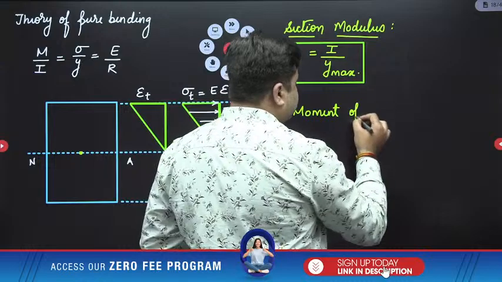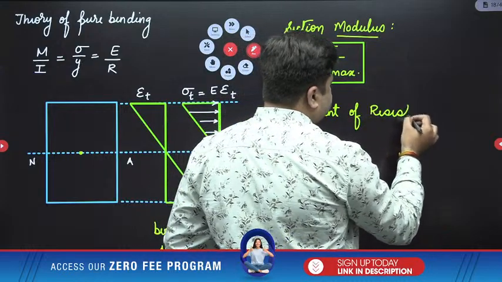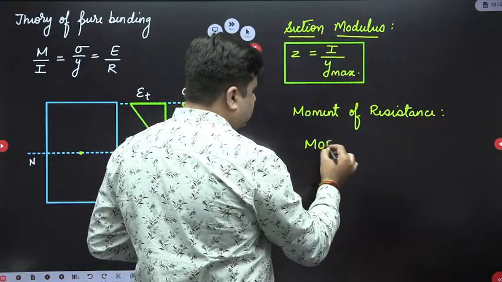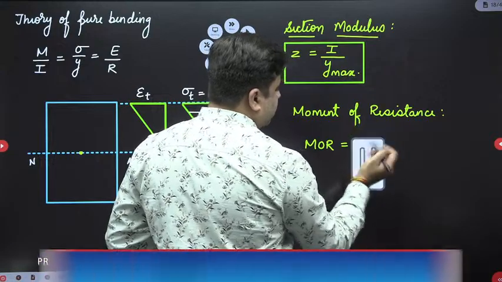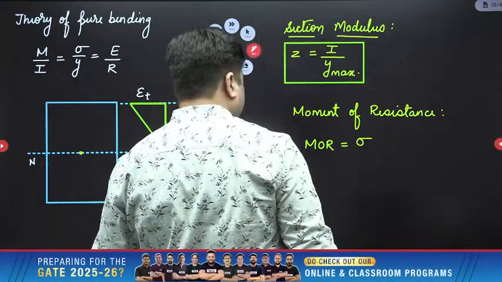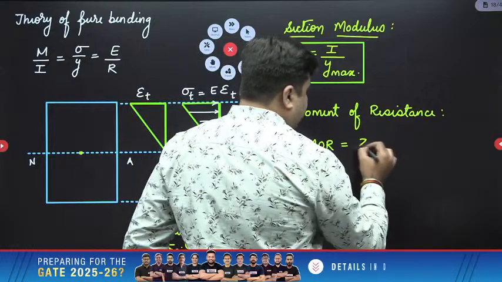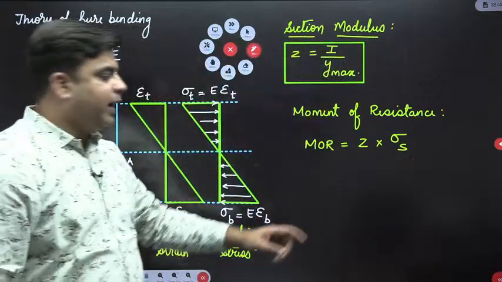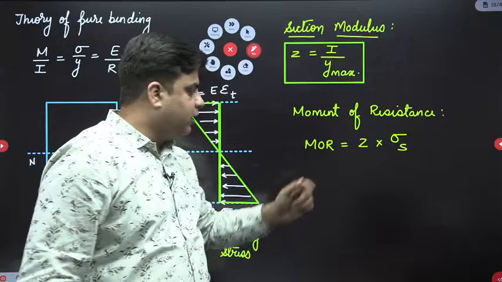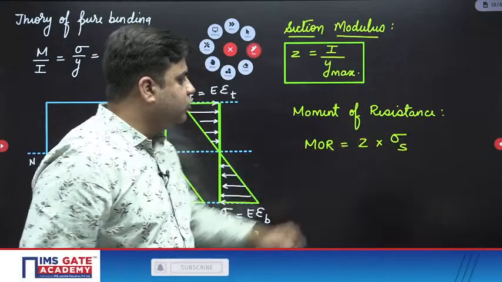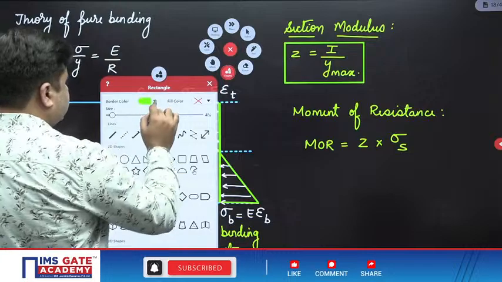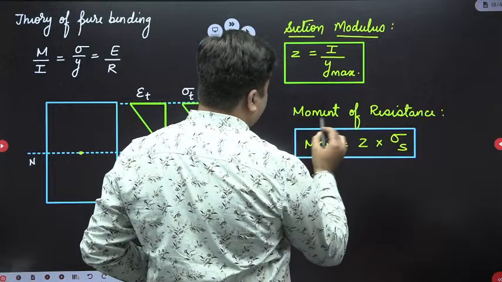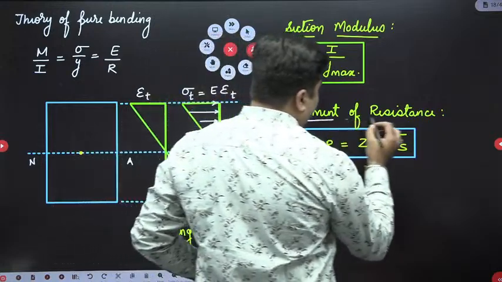So moment of resistance is equal to section modulus Z multiplied by sigma S, which is the strength of the material. Sigma S is the maximum stress that can be withstood by the material. These are the important terms for finding out the bending stresses.